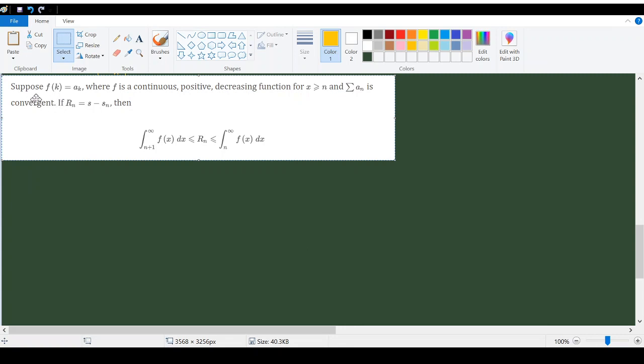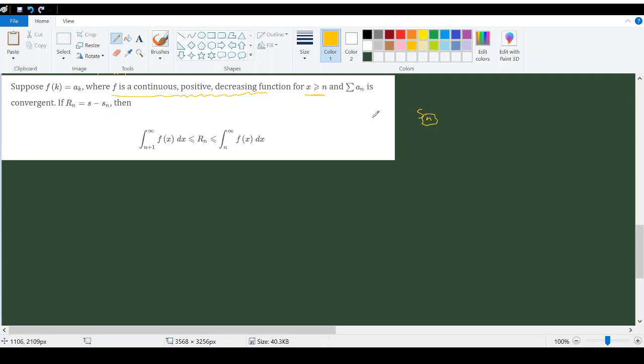Suppose we have a function like this, which has the same conditions as in the previous integral test, and it starts from n, where n is the number that we considered to get the partial sum.